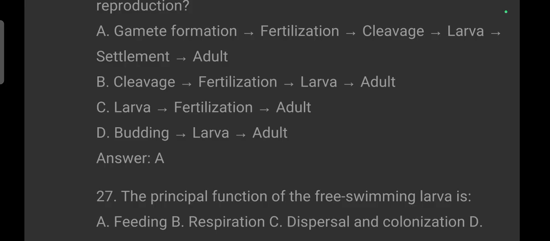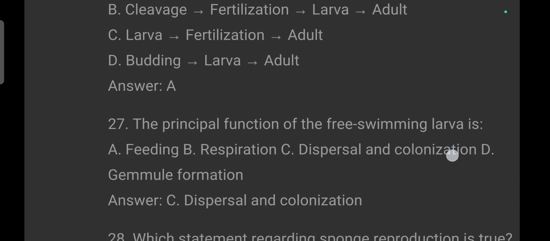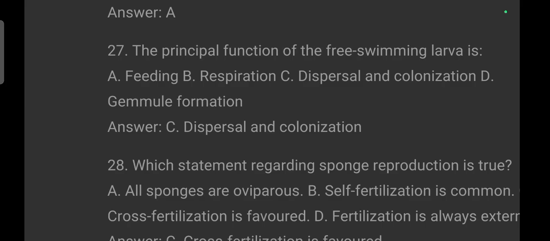Answer is option A, that is gamete formation, then fertilization, cleavage, then free swimming larva, then settlement, then adult. The principal function of free swimming larva is feeding, respiration, dispersal and colonization, or gemmule formation. Answer is dispersal and colonization.